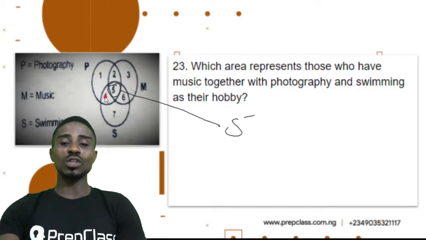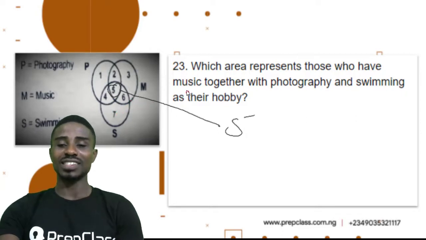4 has only to do with photography and swimming. 6 has to do with music and swimming. But number 5 has to do with photography, music, and swimming. So the correct answer to question 23 would be 5, because 5 has to do with photography, music, and swimming.